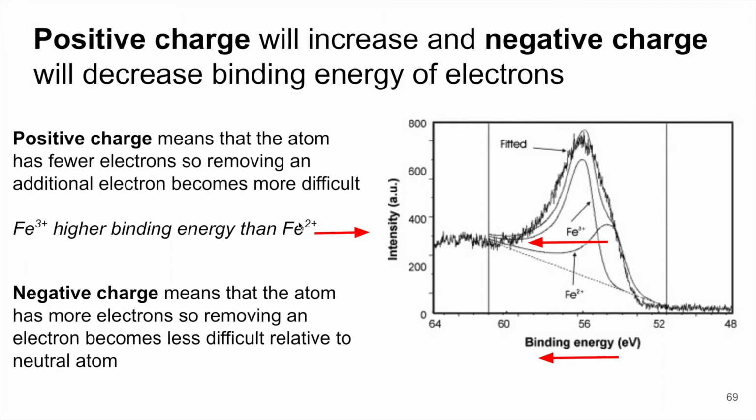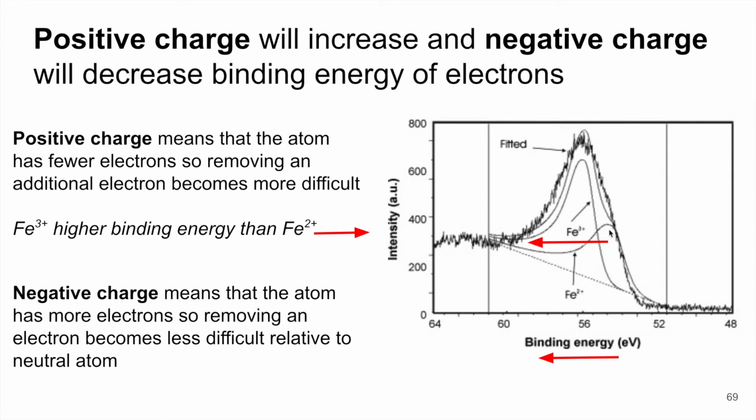If we have a positive charge, this means that there are fewer electrons in that ion. So trying to remove an additional electron becomes more difficult. That binding energy will increase.